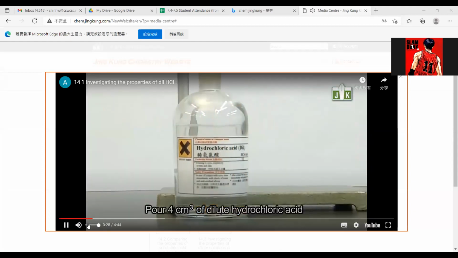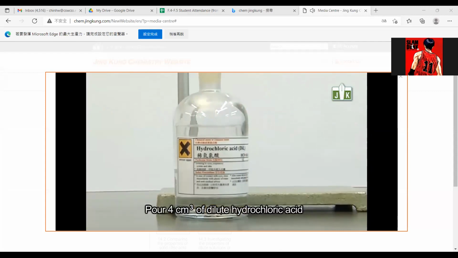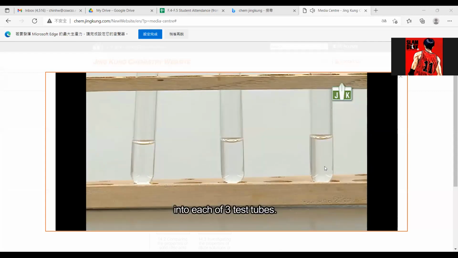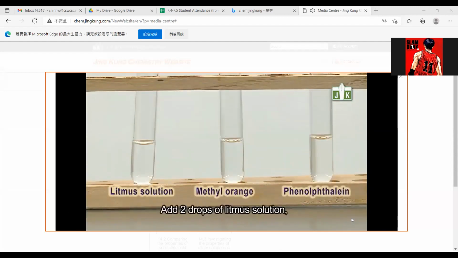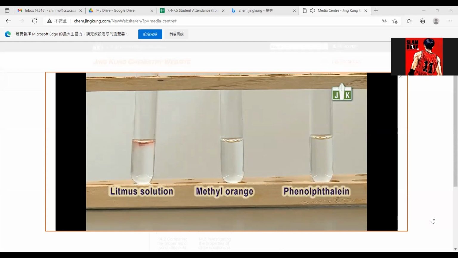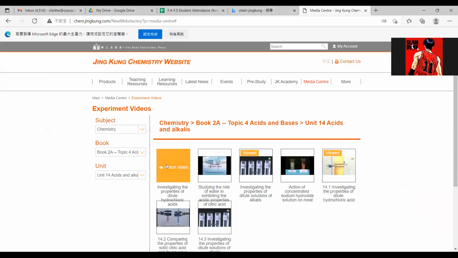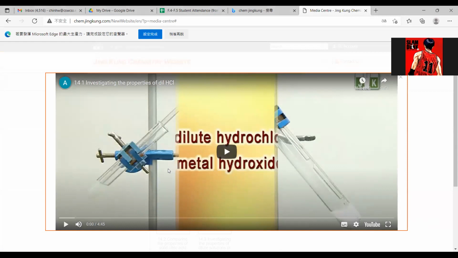Cubic centimeters of dilute hydrochloric acid into each of 3 test tubes. Add 2 drops of litmus solution. So I would like to do that again. But please let me know if you can listen to it.